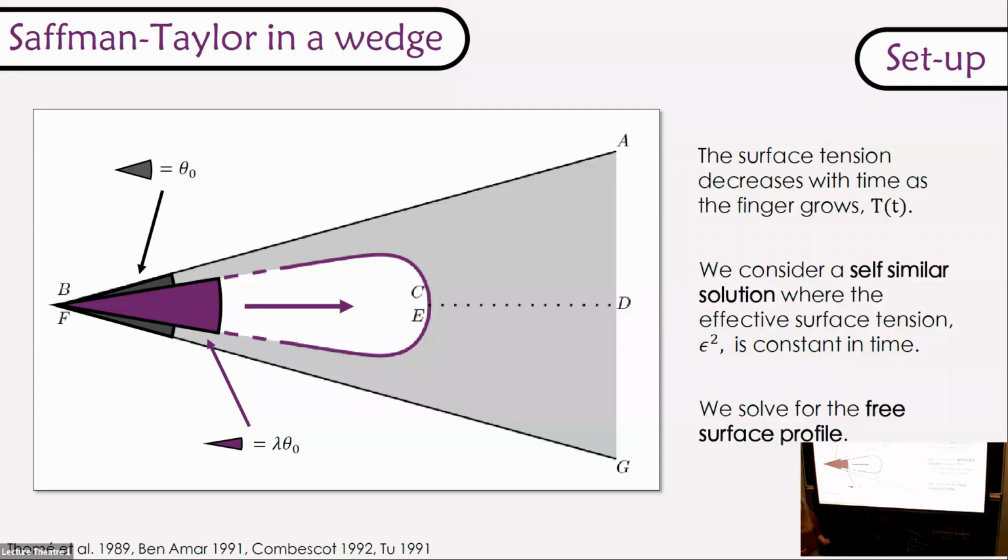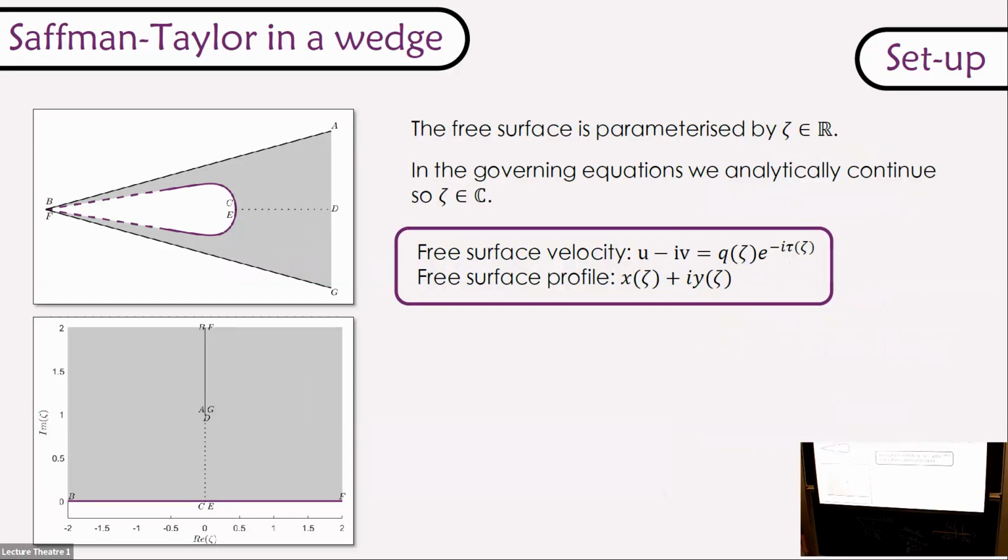This is physically relevant after a certain amount of time. And in the self-similar regime, we managed to scale out the dependence on time of the surface tension. So now we've got a new surface tension parameter, which I call the effective surface tension, which is going to be constant in time once we've reached this rescaling. So that's going to be epsilon squared again. And as before, we're going to solve for the free surface profile you'll see on this next slide. So we've parameterized the free surface with parameter zeta.